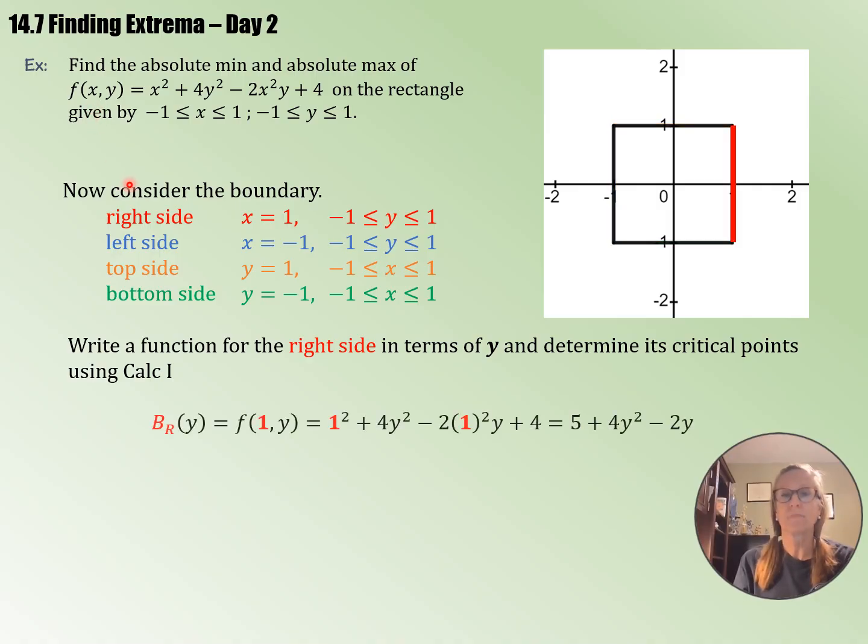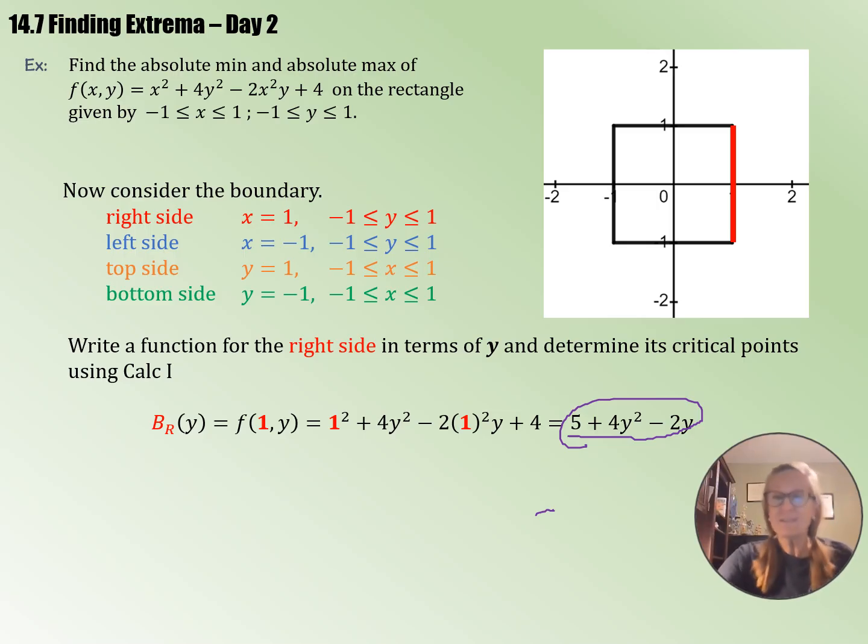What would that look like? So do you see what I said? The boundary on the right in terms of y, because I'm going to hold x constant. And when I do that, here are all the heights I can get by picking points all along that line segment.